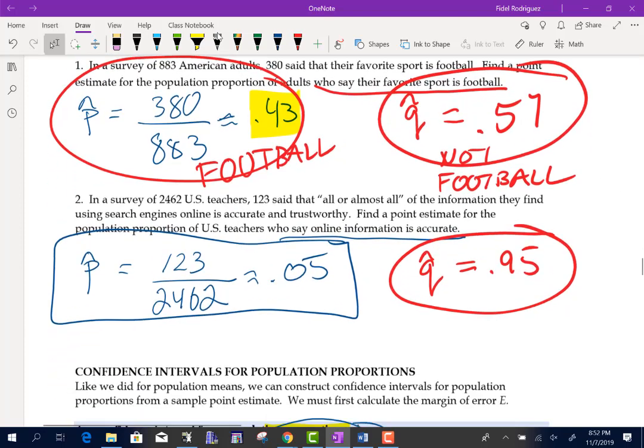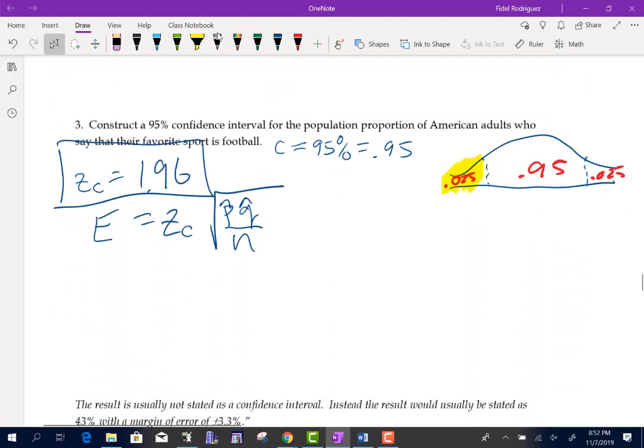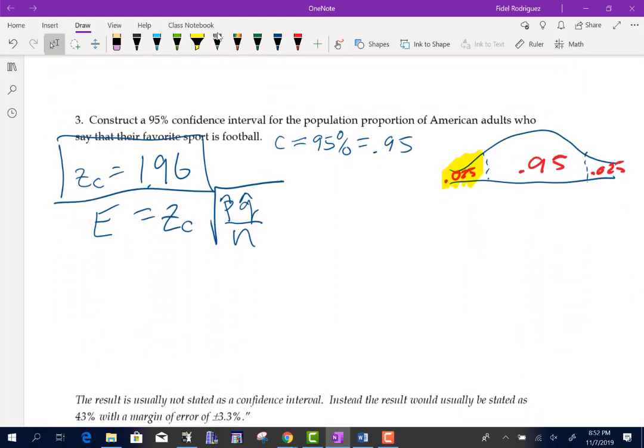0.43. Okay, so I'm going to write this down so that I have this information. We know that our p hat was 0.43. Wasn't our q hat 0.57? So let's find our error.